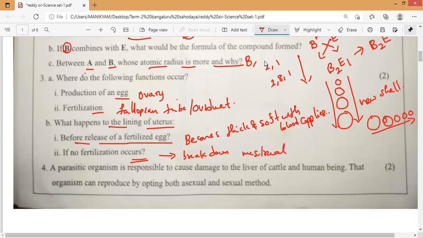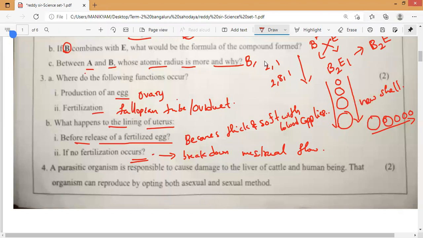You have to write the statement: if no fertilization occurs, the thick and soft uterus lining breaks down and comes out of the vagina as menstrual flow or menstrual cycle. Then only you will get 1 mark.